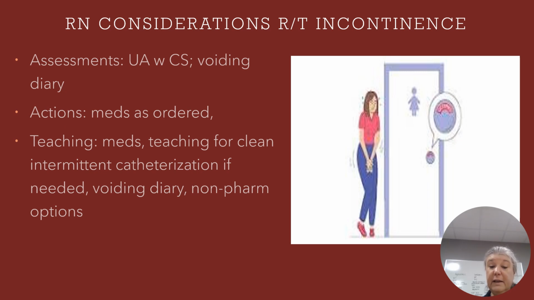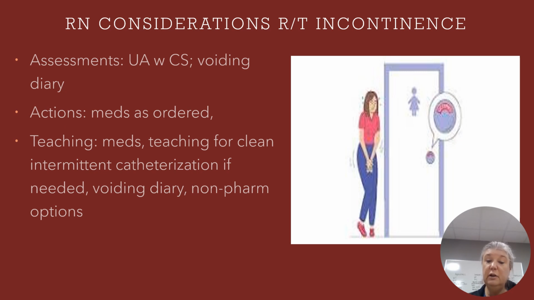Also, clean intermittent catheterization. If they are having residuals, meaning they are not urinating out everything that they need to, they may have to self-catheterize at home. Now at home, this is a clean procedure, not sterile, all right? But remember, our whole thing with clean is we don't want to introduce more bacteria.